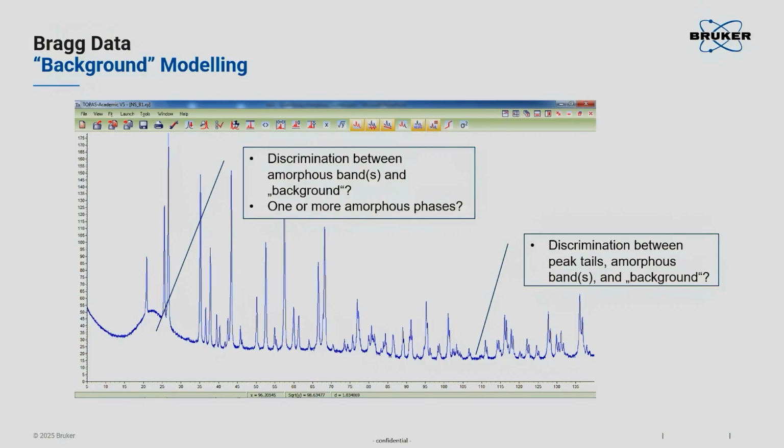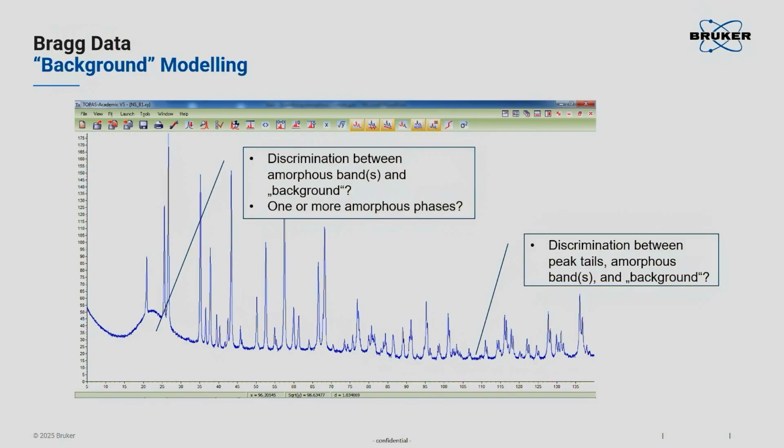Interestingly, if you find a way to determine the background intensity in the case of fluorescence, like if you have, for example, iron fluorescence, you could even determine the iron content in your sample from the background if you wanted to. I don't know why you wanted to, but you could.